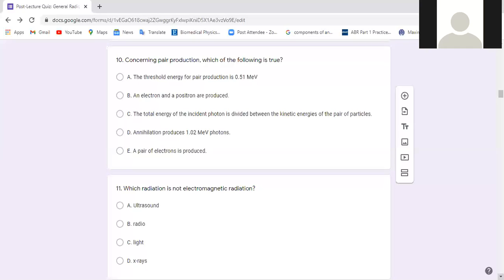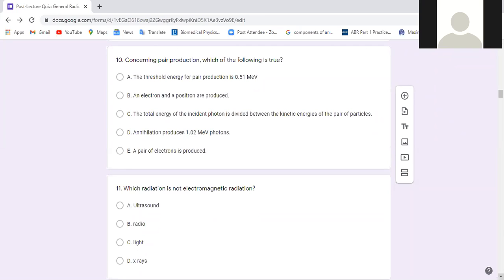But because of the nature of a positron, it immediately interacts with an electron, maybe a free electron or a bound electron in the atom. So its journey ends almost as it is produced. It combines with the electron to be annihilated.